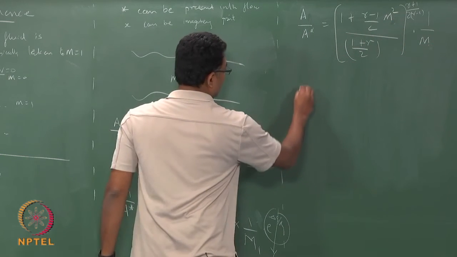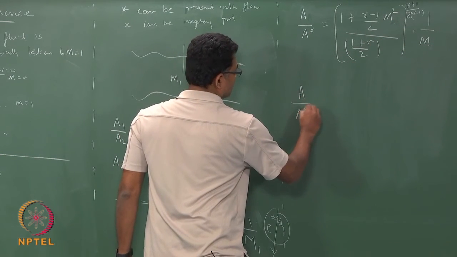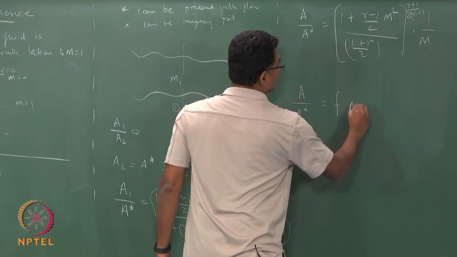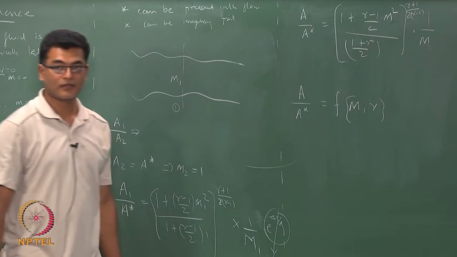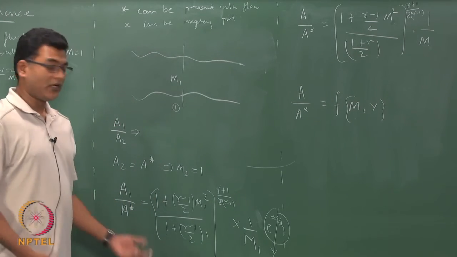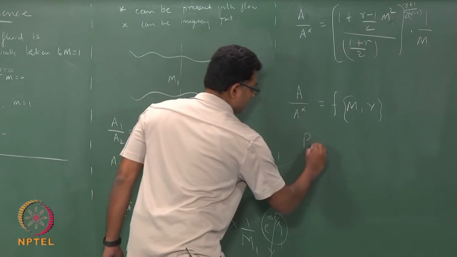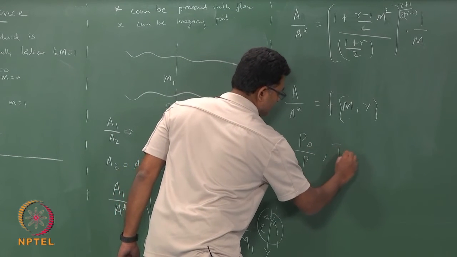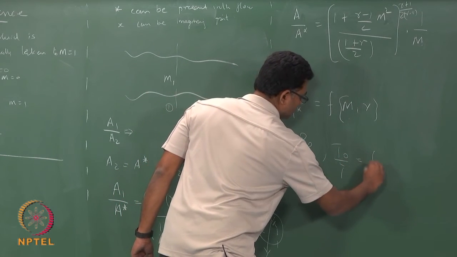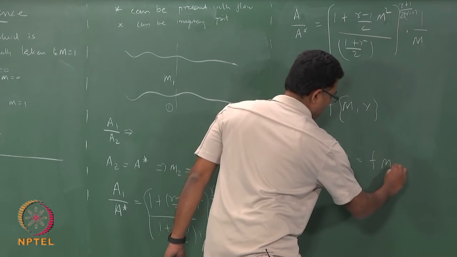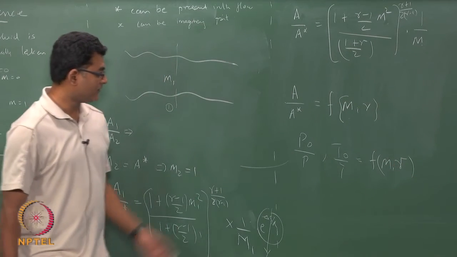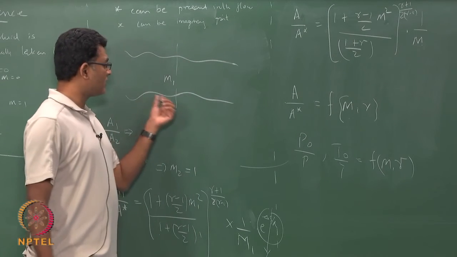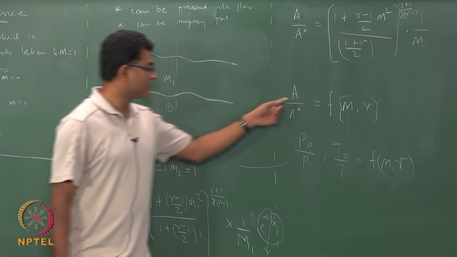So, my A by A star is a function of M and gamma. Okay. Like what we had before, my P0 by P or T0 by T, which is also a function of M and gamma. So, if I know the Mach number at any location, I can find these ratios.